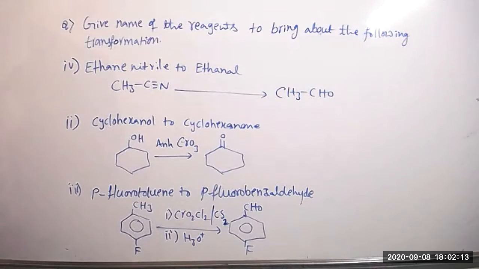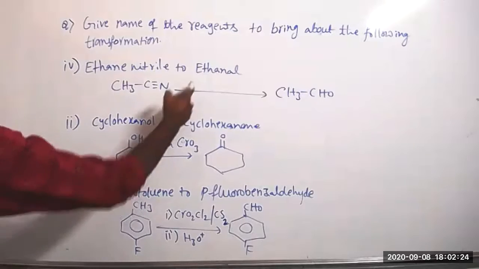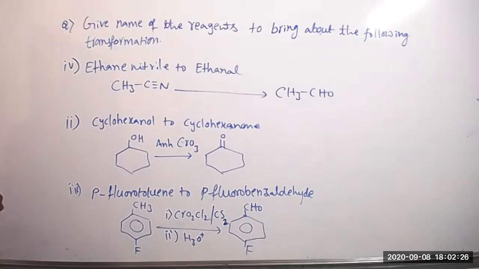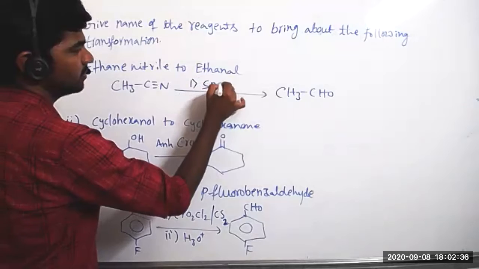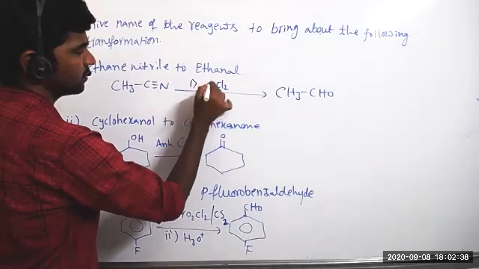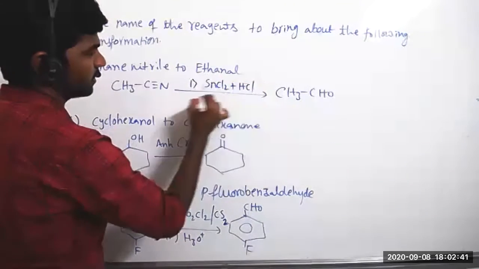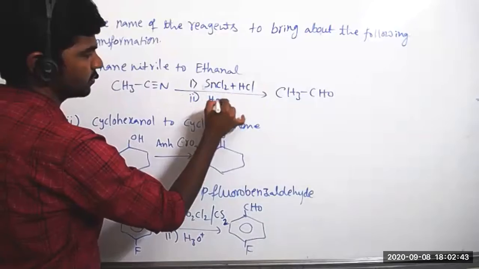What is the name of the reaction? Likita? So Stephen reaction, yes. What is the reagent here? SnCl2 plus HCl, correct, followed by hydrolysis. First we react with SnCl2 plus HCl, then the next process is hydrolysis.